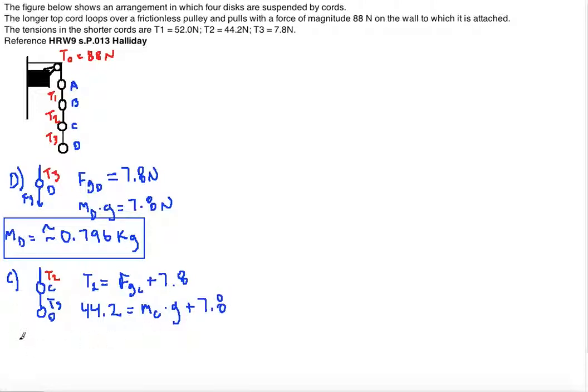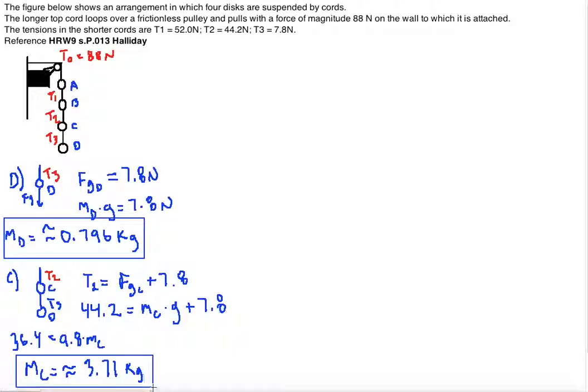Using algebra, that's 36.4 equal to 9.8 times the mass of C. Then we get that the mass of C is about 3.71 kilograms. And there it is. That's all there is to it.